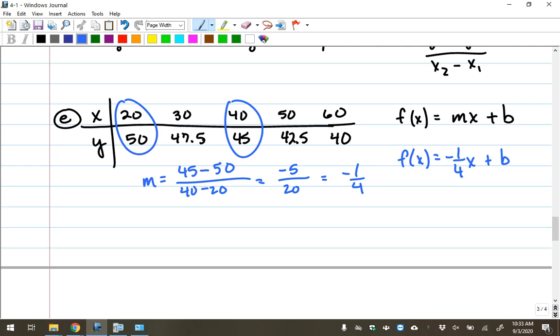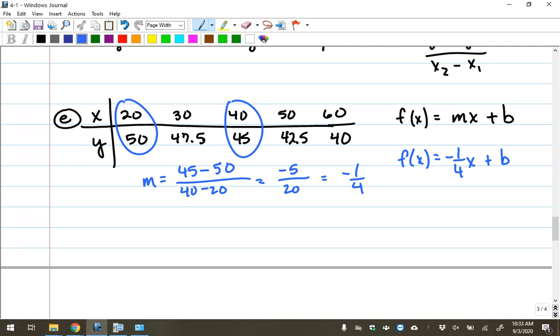What do I do to find the y-intercept? You could. That would end up getting you in the right spot. I don't think it's the most efficient method, but that would work.